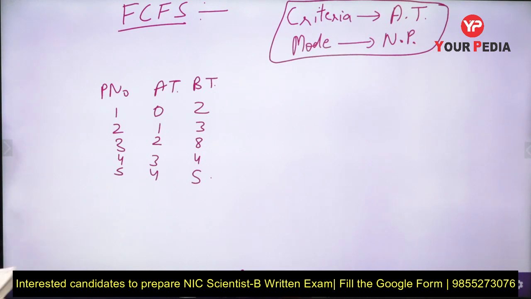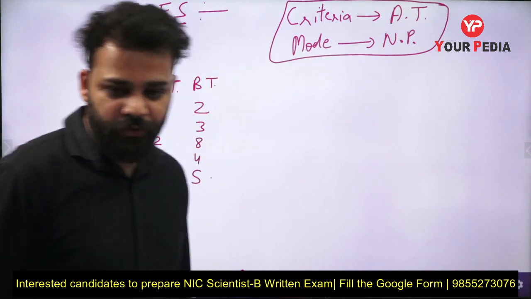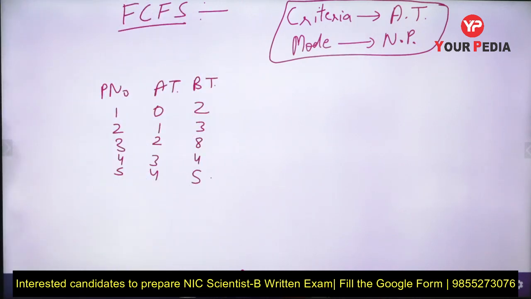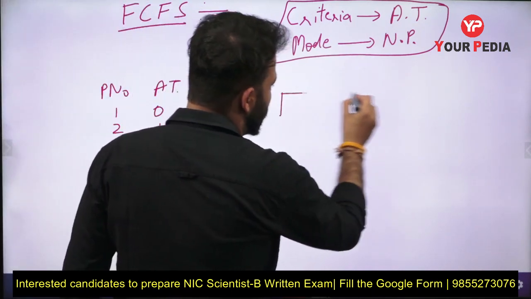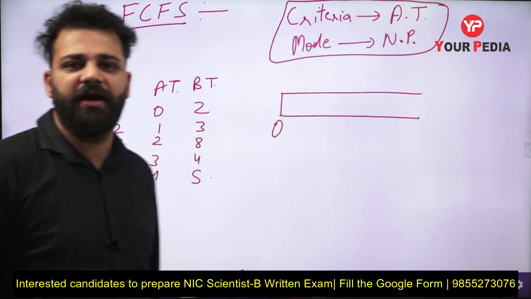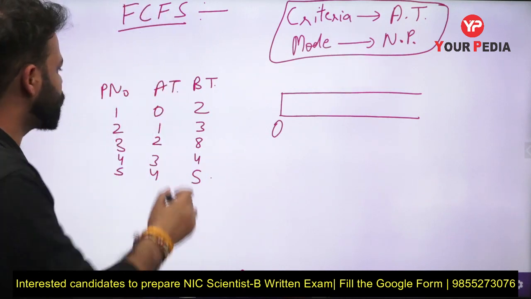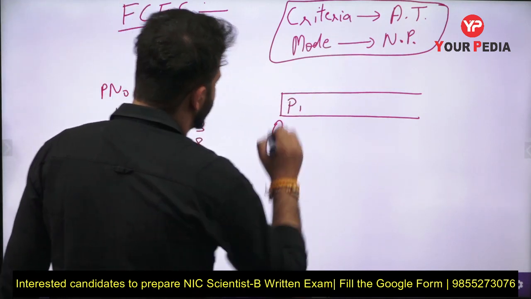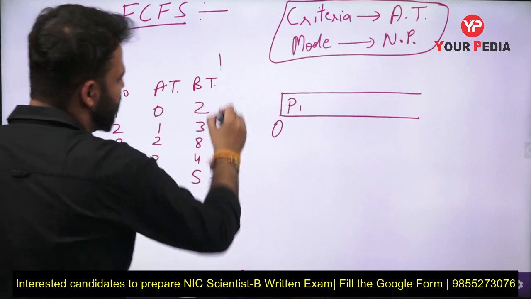Now we will use Gantt charts in order to solve these questions. So how does the Gantt chart work? Initially at 0 only one process has arrived into the system. So P1 will start its execution. We will write the completion time here.